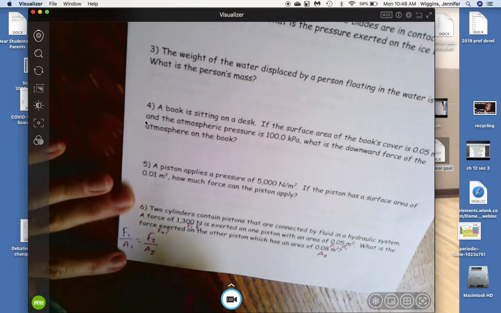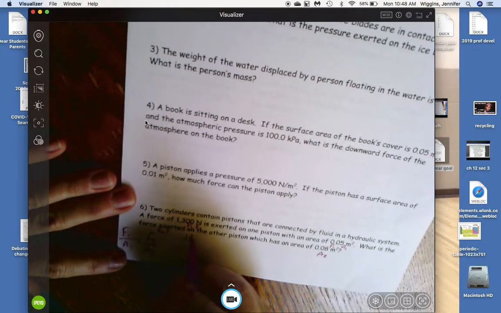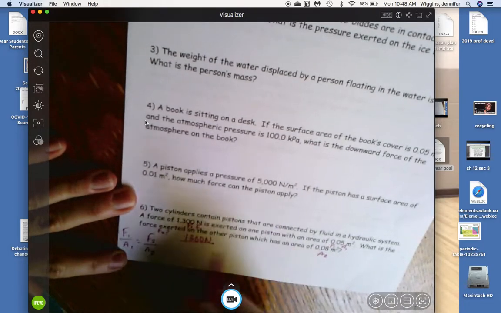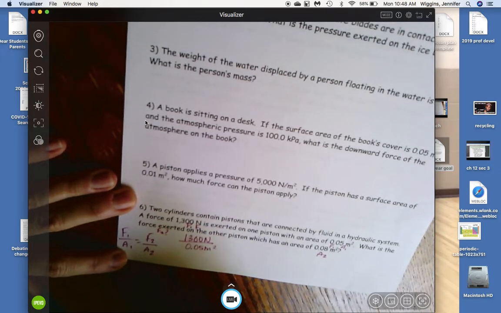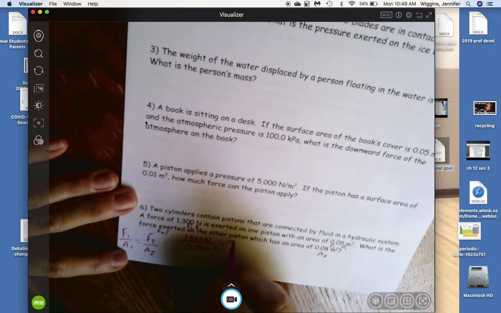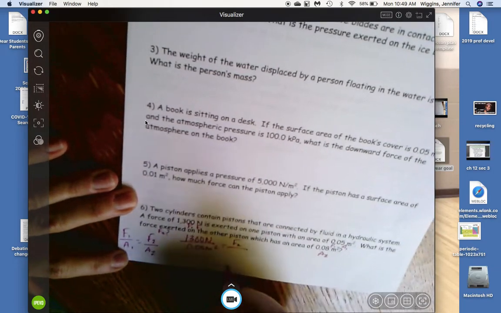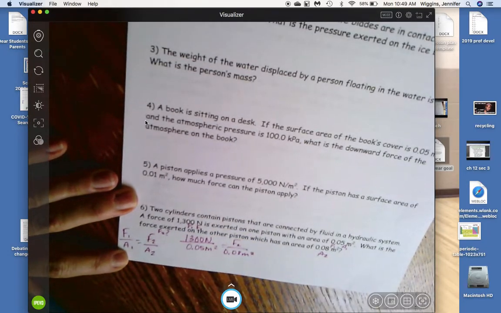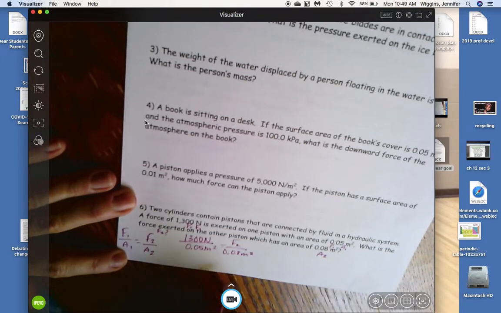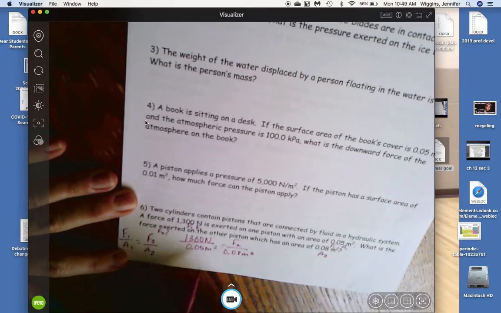Okay, so my F1 is 1,300 newtons. My A1 is 0.05 meters squared, equals my F2, which is what I'm looking for, and my A2 is 0.08 meters squared. All I do now is cross multiply.